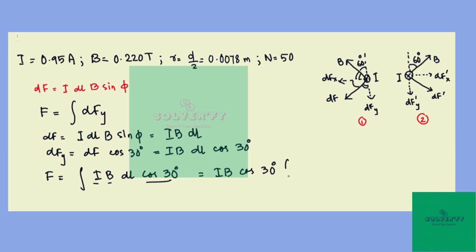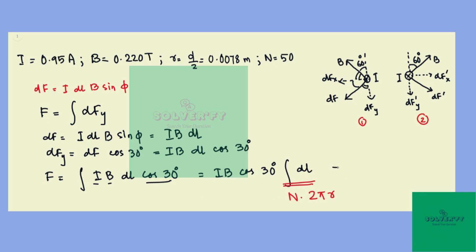So we can take them out of the integral, and we are left with the integral over dl, and this dl is the total length of the wire, which is the number of turns of the wire times the circumference of the coil. And we find the value of r, the radius of the coil, from the diameter which is given.